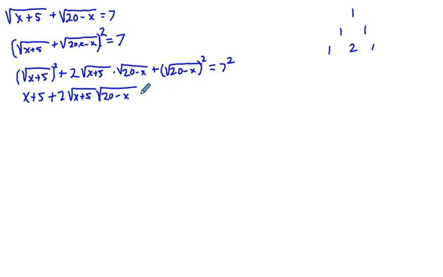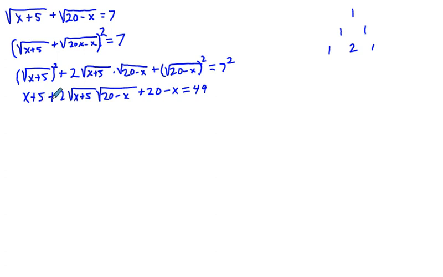And then plus, the square root and square here cancel out, so we have plus 20 minus x equals 7 squared, which is 49.